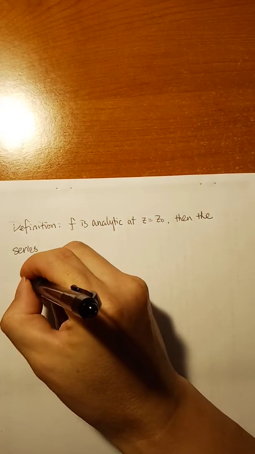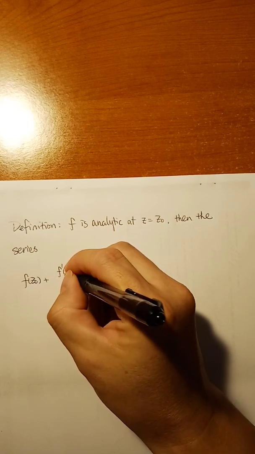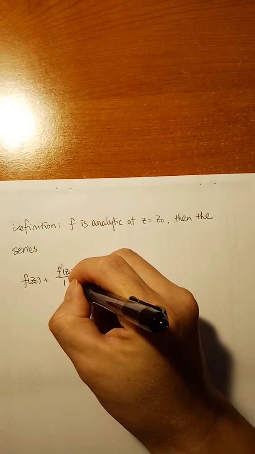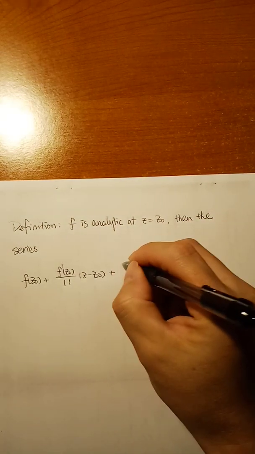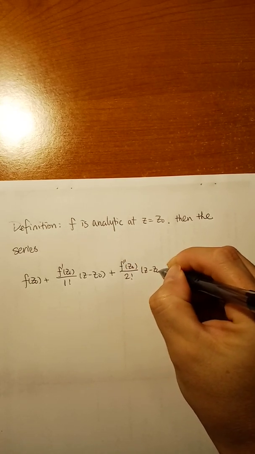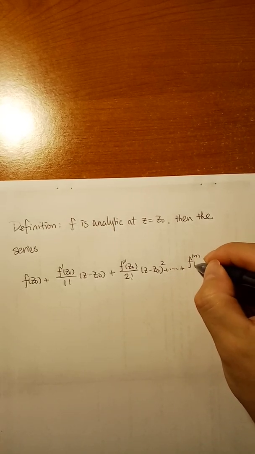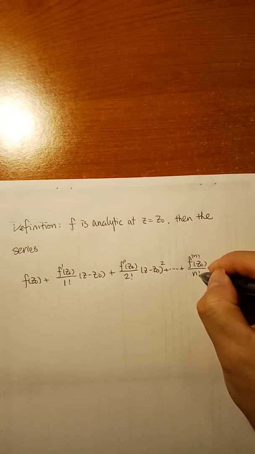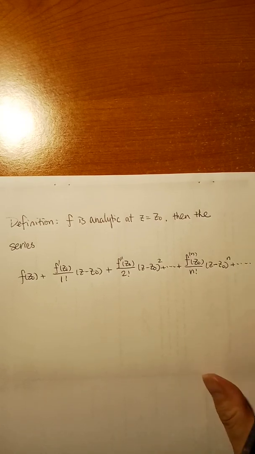The series is f of z0, f prime of z0. Let's put 1 factorial here. 1 factorial is still 1. F double prime of z0 over 2 factorial z minus z0 squared. And the general term will be the nth derivative of f evaluated at z0 divided by n factorial and times z minus z0 to nth power, and continue this to infinity.